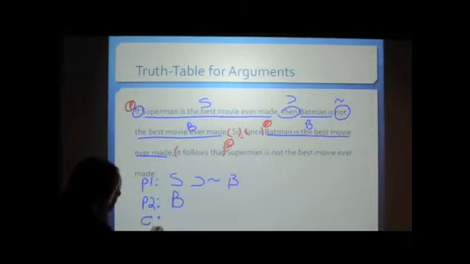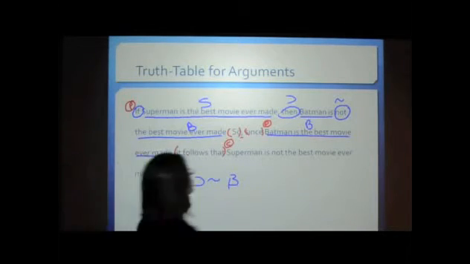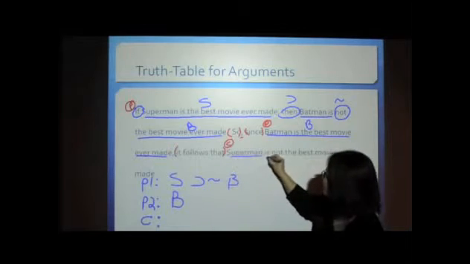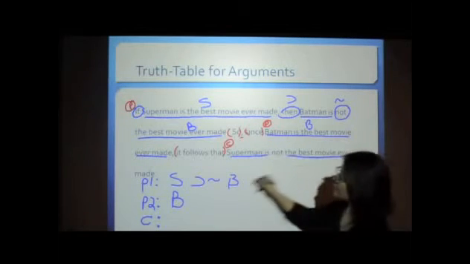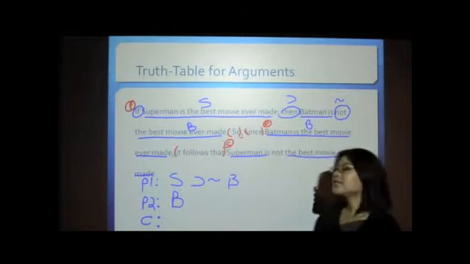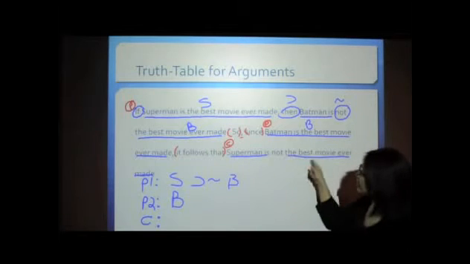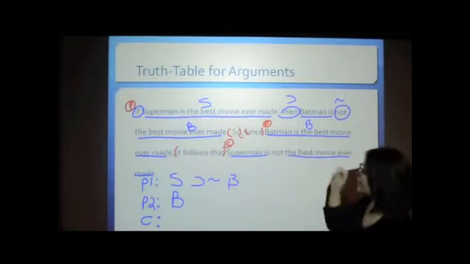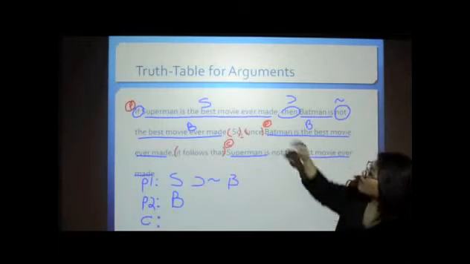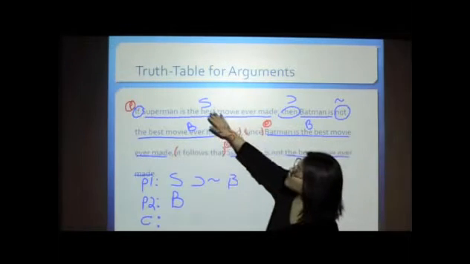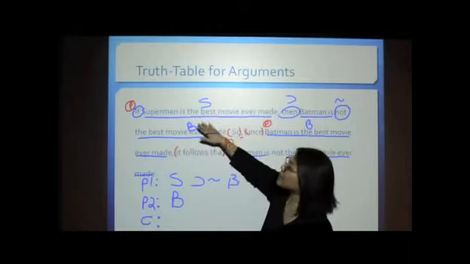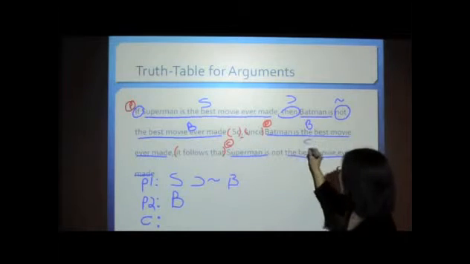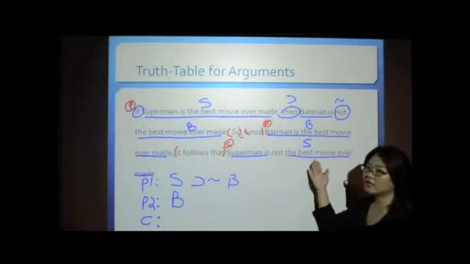Now what about the conclusion? The conclusion states that Superman is the best movie ever made, okay? So once again, we've already given the statement Superman is the best movie ever made a propositional variable. We've given it the propositional variable S up here. So we're going to use that same propositional variable here, okay?